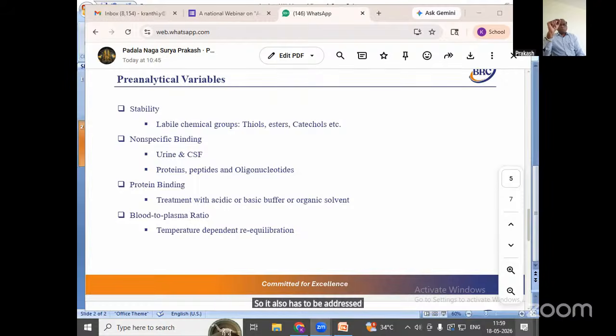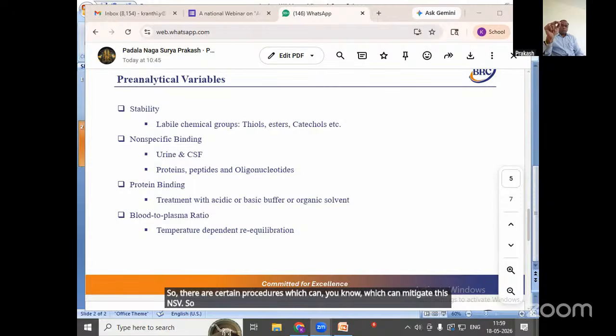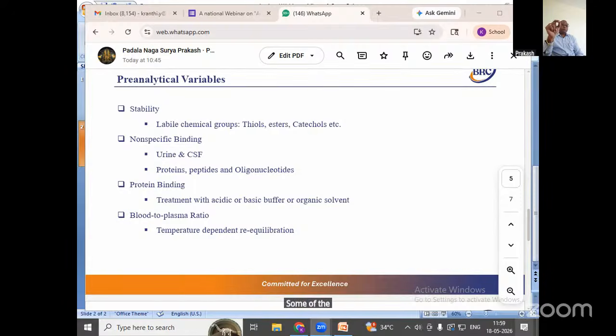There are certain procedures which can mitigate this NSB. Some of the measures that have to be taken while addressing NSB is coating the material. There are certain detergents which are used to coat the glassware, the pipetting devices or the polypropylene material.